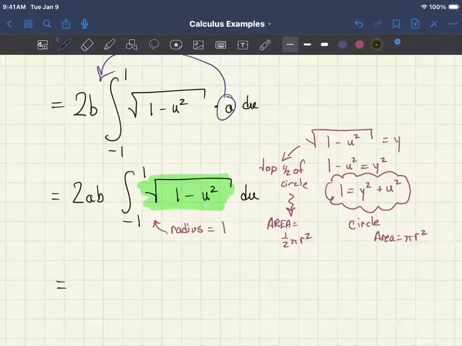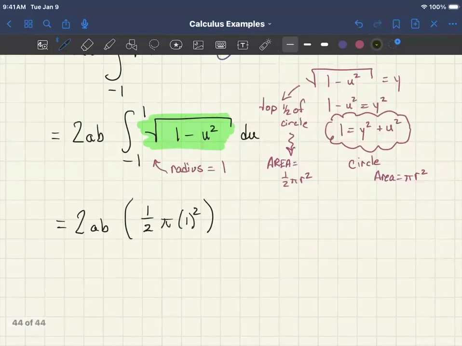So this gives us 2ab times 1/2 pi times 1 squared. Now at this point we notice that the 1/2 and the 2 are going to cancel each other out. And we end up with a pi ab, or I'm going to rewrite that so it looks a little prettier: ab pi. And there is our solution for the area of an ellipse.